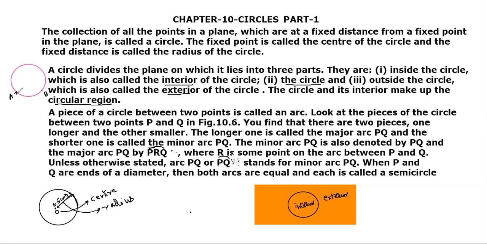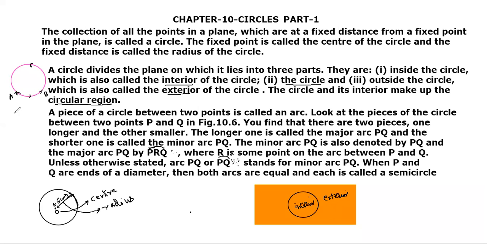One piece is from here to here, and another piece is above. So these pieces are called arcs.